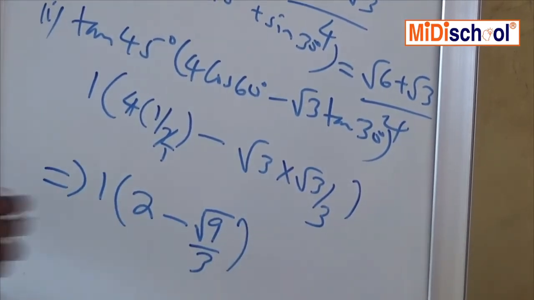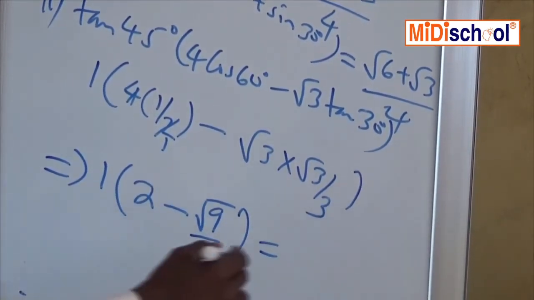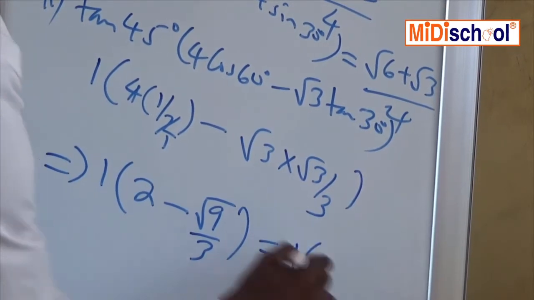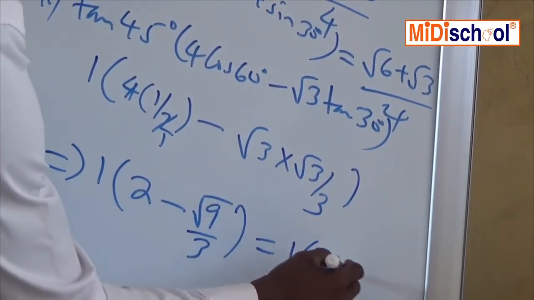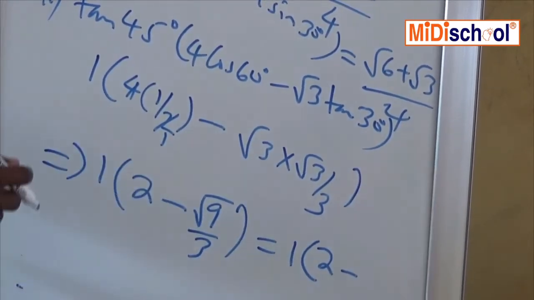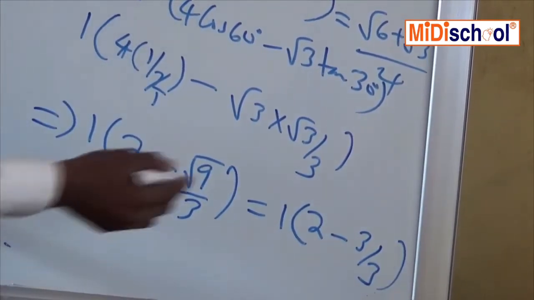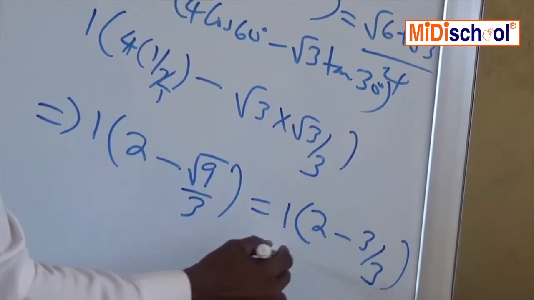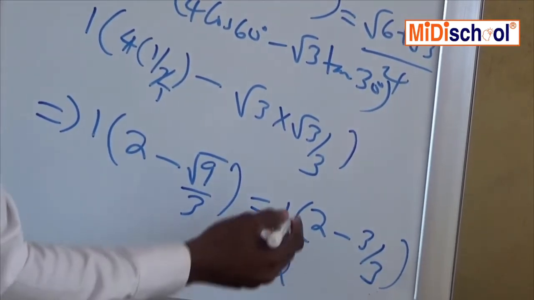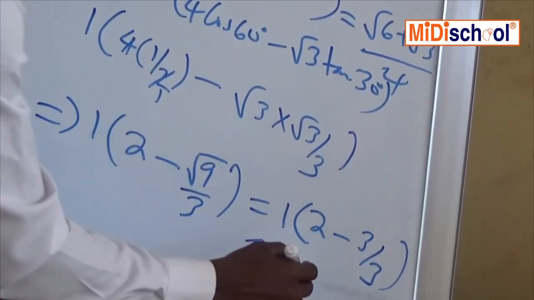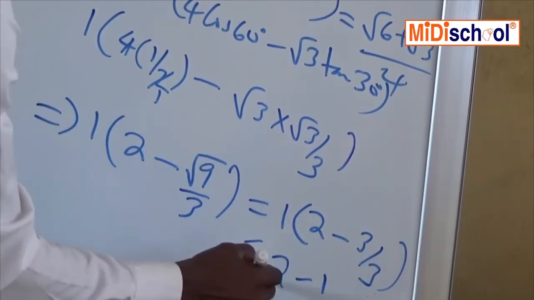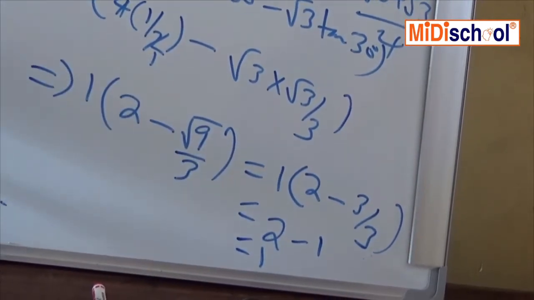So this is equal to 1 in the bracket, 2 minus the square root of 9, which is 3, so it is 3 over 3. But 3 over 3 is just 1. So this is going to be 2, because the 1 has no effect, minus 1 there, and at last you're going to remain with 1.